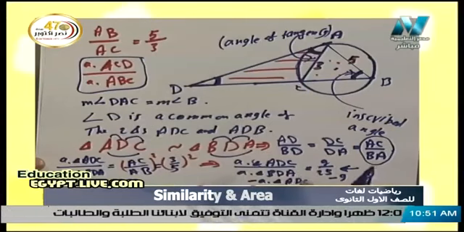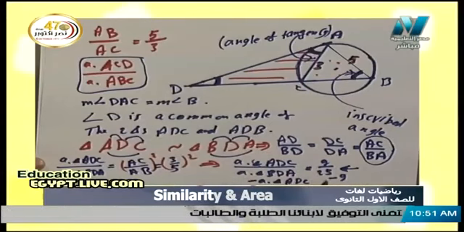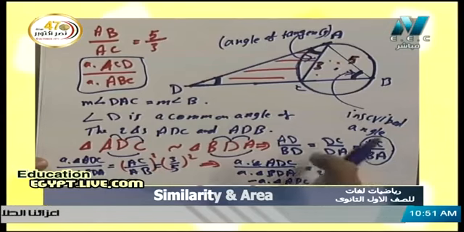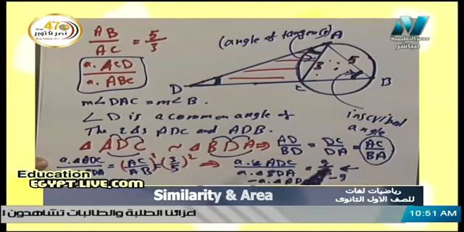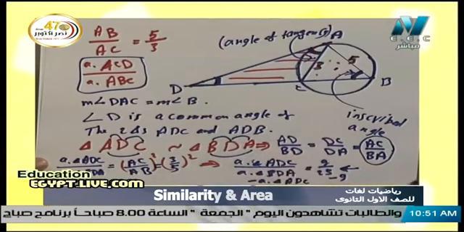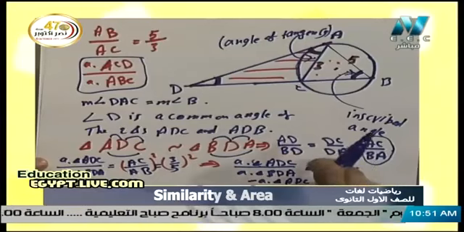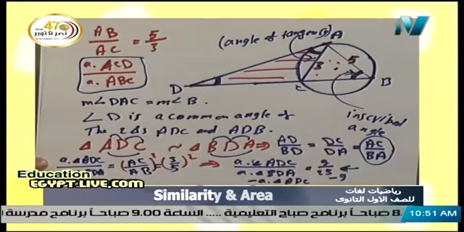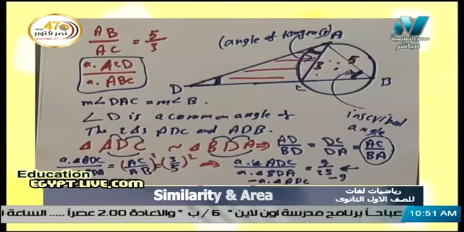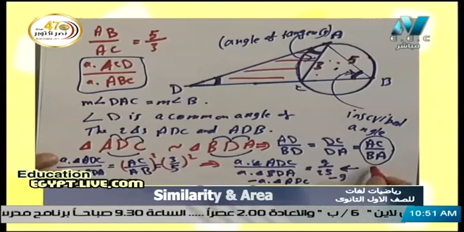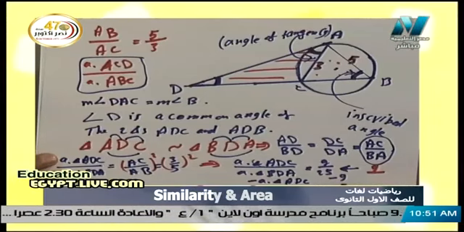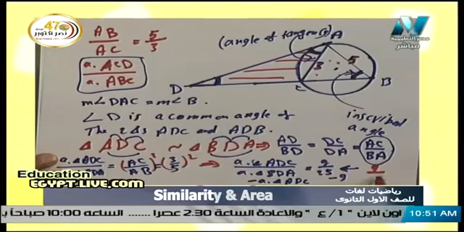And from the properties of ratio, we must do the same with the numbers, because we subtract the numerator from the denominator. So we will get 9 over 25 minus 9, which equals 16.